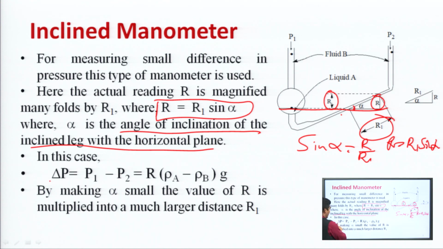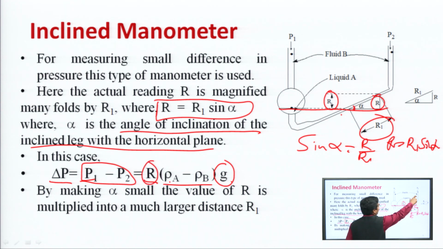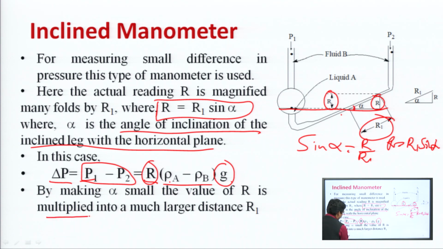In this case, delta P, that is the change in pressure, can be determined by P 1 minus P 2, which is equal to R into rho a minus rho b into g. That means rho a is the density of liquid A, rho b is the density of liquid B, g is the acceleration due to gravity, and R is the distance travelled by liquid A. So, by making a small change in the value of R, it is multiplied into a much larger distance R 1.